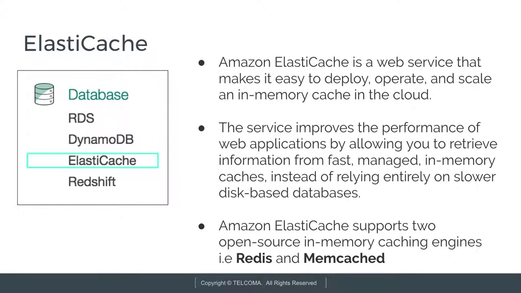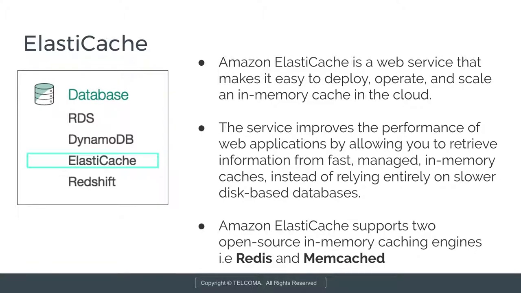Next we have ElastiCache. Now what is ElastiCache in the AWS database options? This is basically a web service that simplifies deployment, operation and scaling of in-memory cache in the cloud. Like we require in-memory caching also in a database.